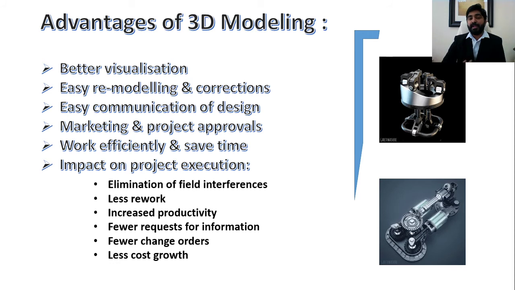Obviously the main and ultimate purpose is the visualization of the product. Instead of making a prototype, the product can be viewed from 360 degrees to see how it would look after manufacturing. And then we have discussed remodeling. If there is a correction, or if you want to make any changes, it is easy to alter the model using a 3D modeling software.